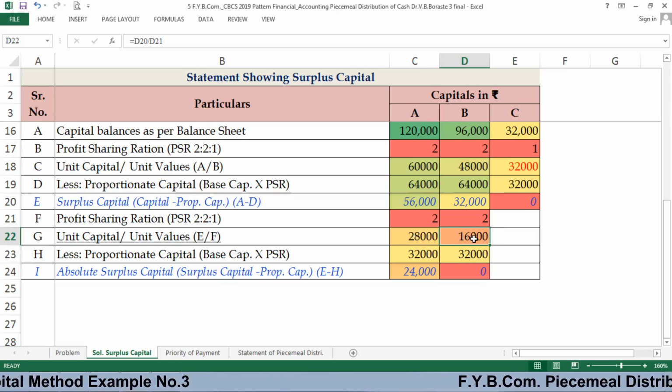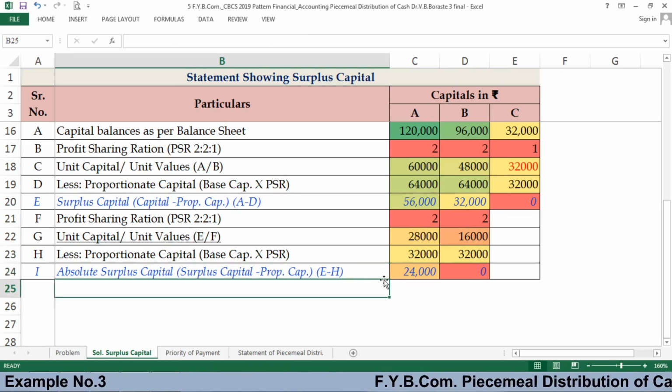So base capital is 16,000. 16,000 into 2, the proportionate capital will be 32,000 in the case of A, and in the case of B it will be 32,000. So now we can calculate absolute surplus. Absolute surplus is E minus H. That means E is surplus capital, H is proportionate capital. So 56,000 minus 32,000 comes to 24,000.